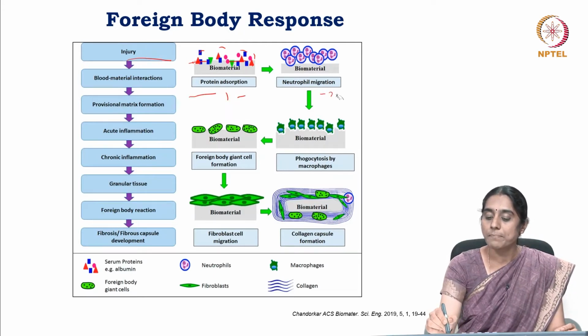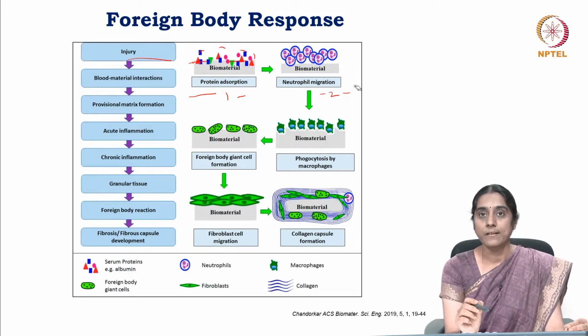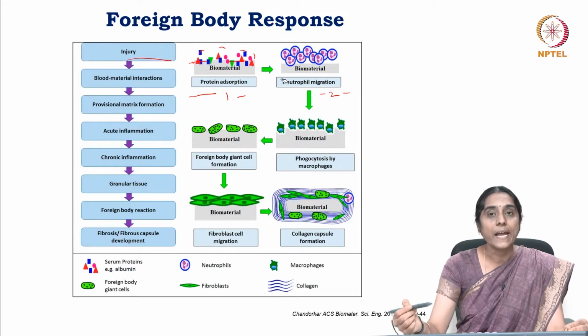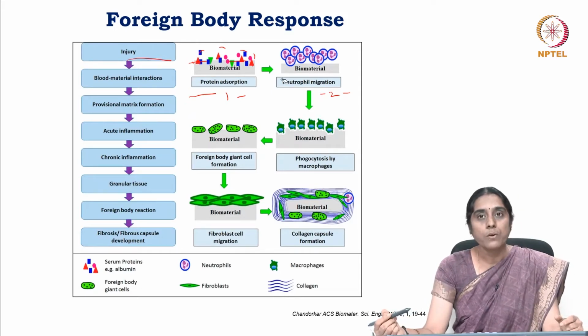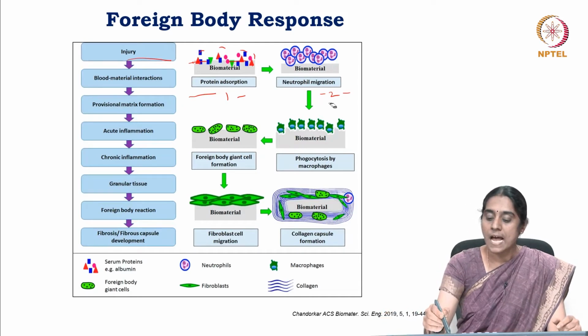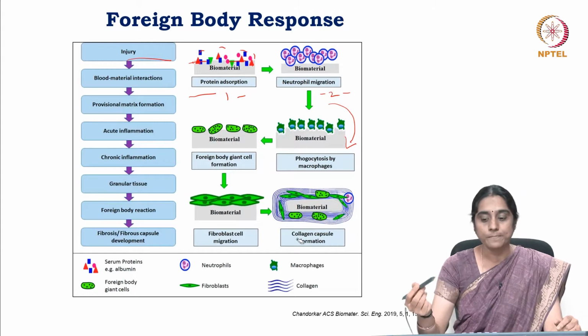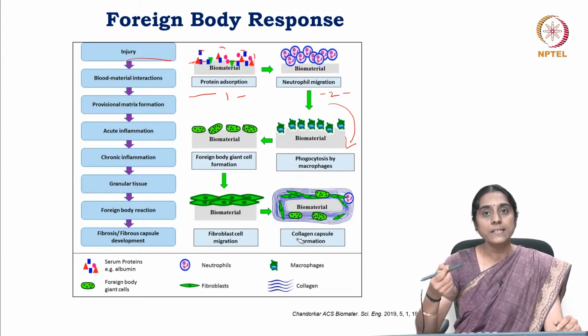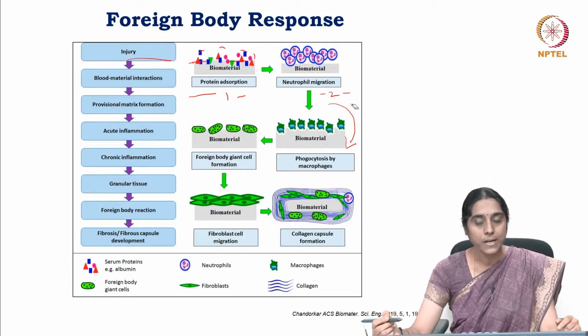The second step is that the protein adsorbed on the biomaterial is going to recruit neutrophils, polymorphonuclear neutrophils. This is again going to recruit other immune cells by means of secreting various chemoattractants.